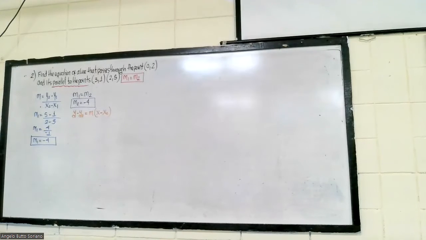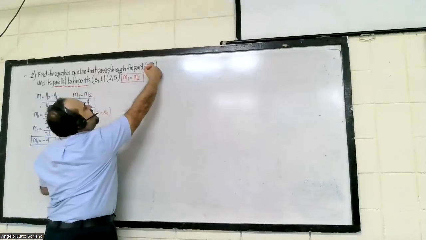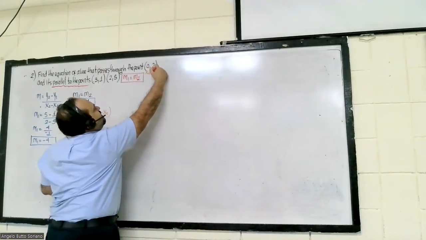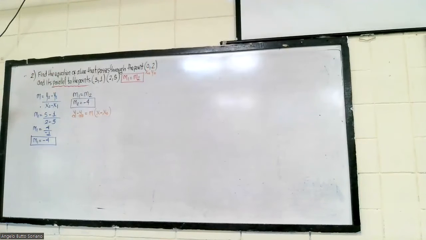Who's going to be x sub 0, y sub 0, and m? Obviously, x sub 0 and y sub 0 will be the first point, because this is the equation that we are looking for, that given point, (0, 2). And the slope obviously will be -4, the same slope as the blue one, because the lines are parallel.